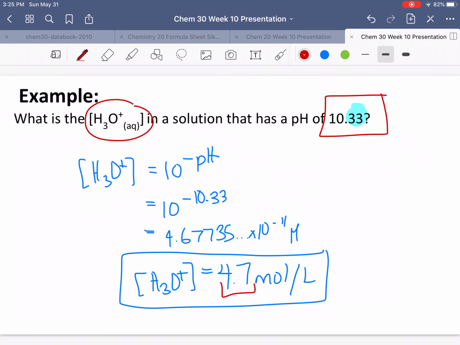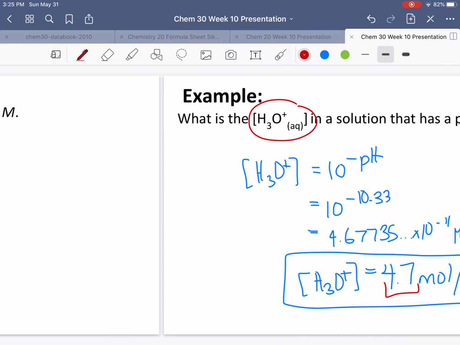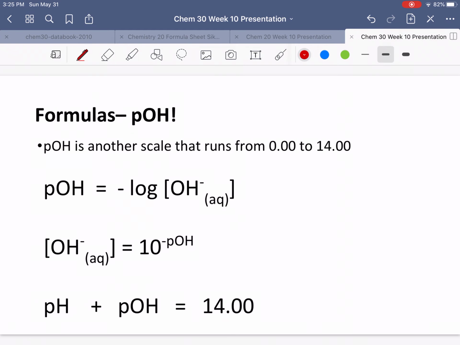You can either use molarity or you can do moles per liter. They mean the same thing. pH, on the other hand, in this question, is unitless, and that's nothing new. Same. Now, as we move into pOH, the exact same rules apply. pOH has no units, and the rules for significant figures with pOH are identical to that for pH.